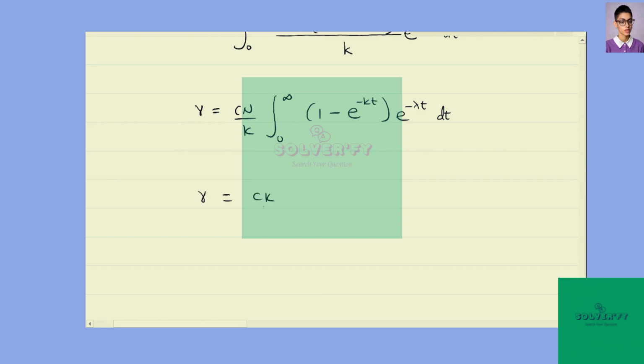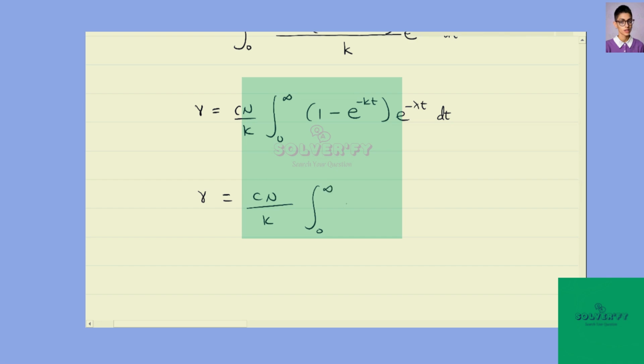The next thing to do is to multiply the e to the power negative lambda t by all that we have in the bracket.